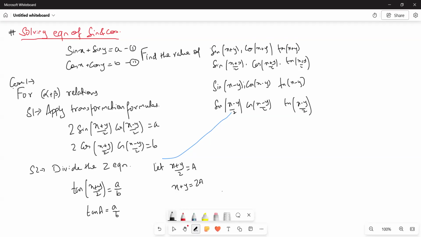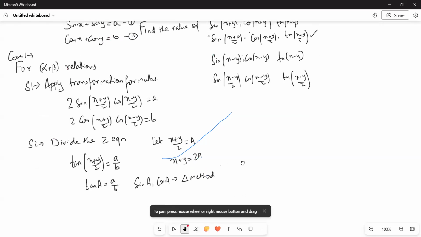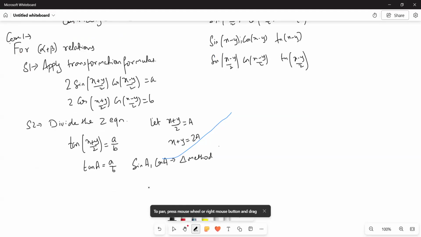Now, once we know tan a, we can find sin a and cos a with the triangle method, and then the x plus y relations, sin 2a, cos 2a, tan 2a.